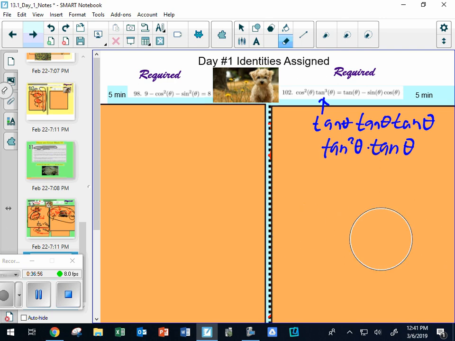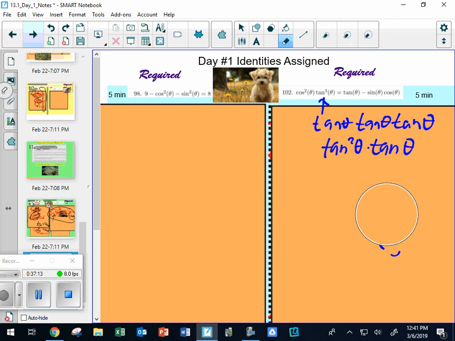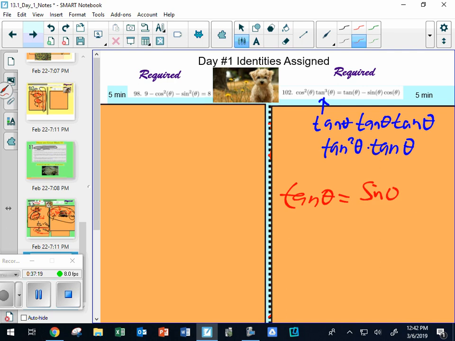The normal identity for this one would start with sine is 1 over cosecant. But if I squared it like this, still true. So you can take all those reciprocals and square them. One more that we didn't talk about very long, and this one comes up a lot: tangent is sine over cosine.